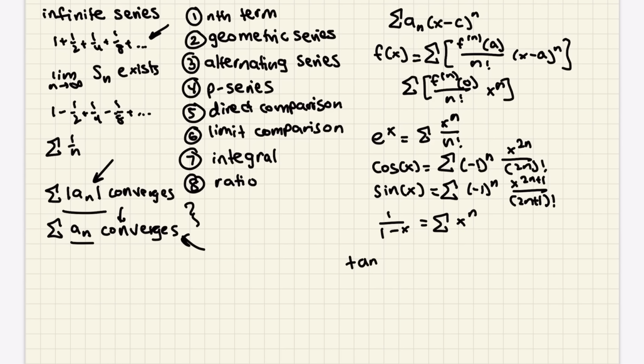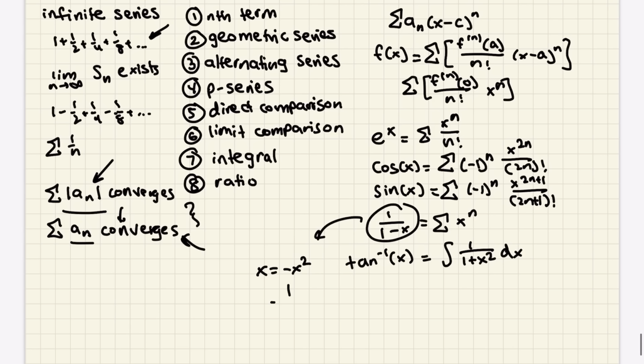For example, how do you find inverse tangent of x? Well, you know that inverse tangent of x plus c, technically, is equal to the antiderivative of 1 over 1 plus x squared, for example, dx. And so what do you do there? Well, using this, you can plug in x is equal to negative x squared. That looks really weird from a mathematical standpoint, but we're just plugging in x into here.